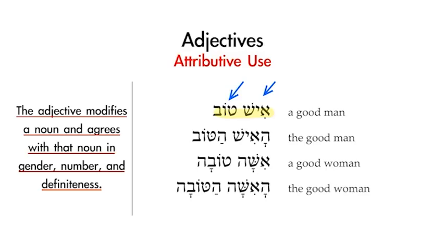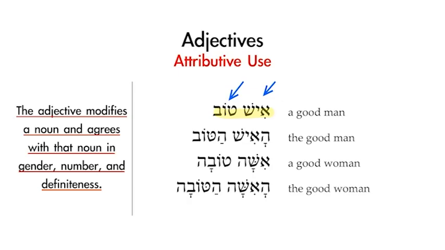Also, the attributive adjective normally follows the noun that it modifies. Now, in English, the attributive adjectives will precede the noun. We like to say a good man, but in Hebrew, they like to say a man, a good one. All right, so it's going to be backwards. So you're going to have to not only translate the words, but translate the syntax back into what English would be. So here again, we have ish tov. The adjective follows the noun that it modifies.